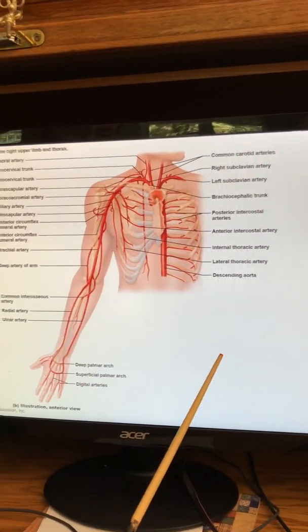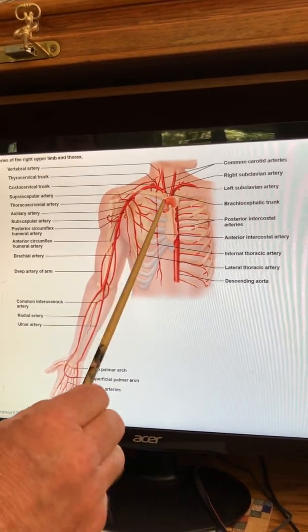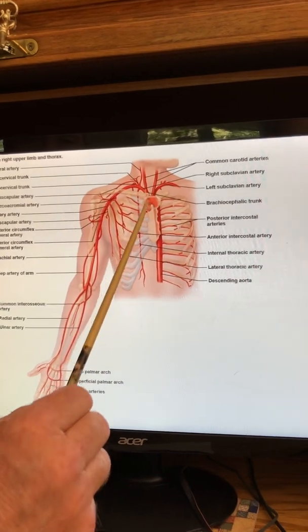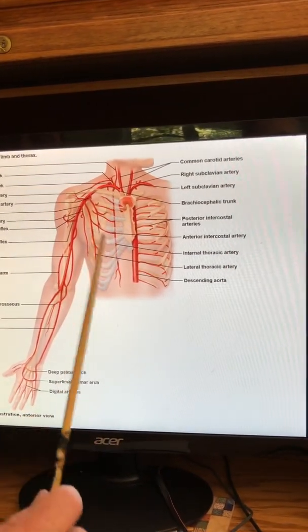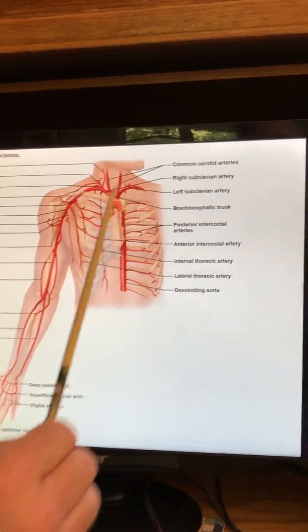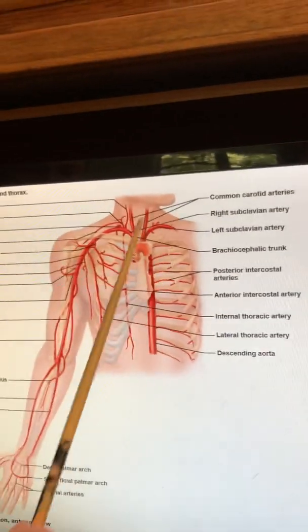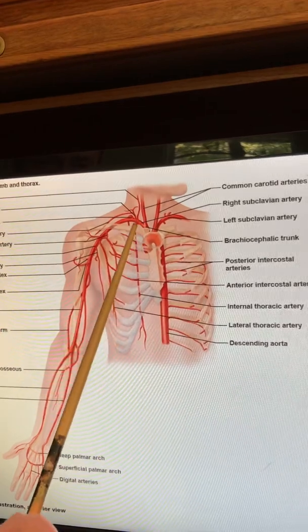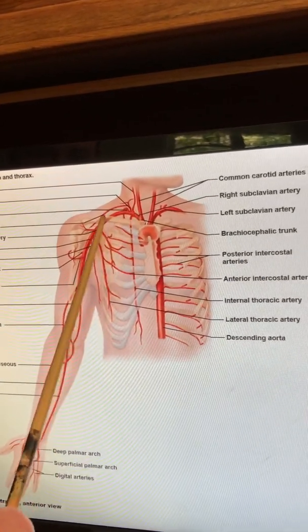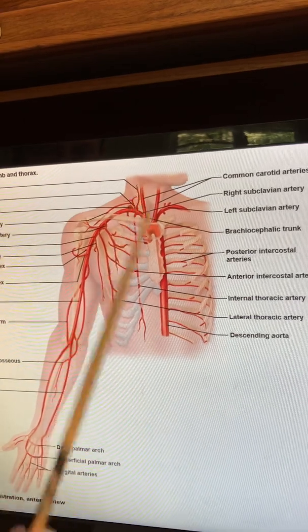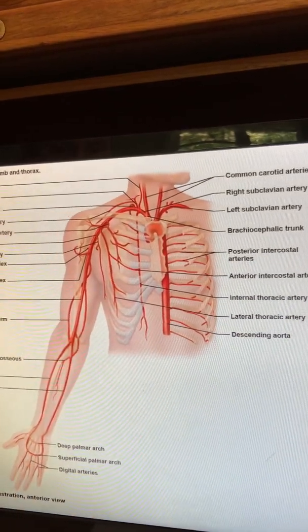Hopefully from what I said, you notice that there is one tributary that is going to be more on the right than on the left, because the left off of the aortic arch is the left subclavian, whereas on the right, it's the right brachiocephalic trunk, which will have, and that's right there, it'll go into the right subclavian, and it will also go into the right common carotid.